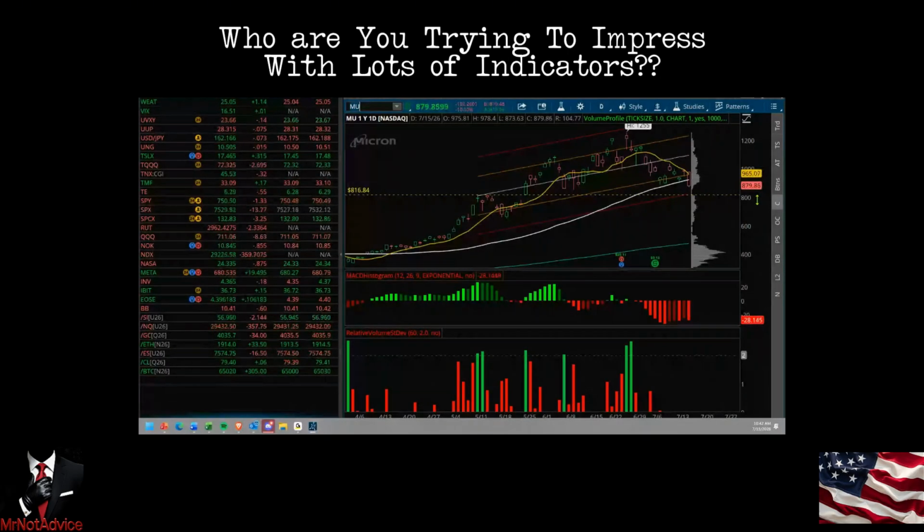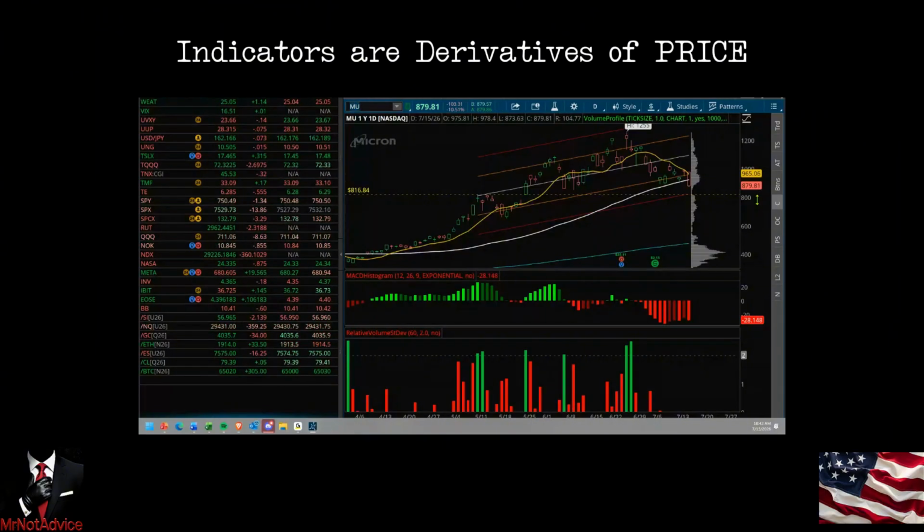You look at the way the data is created, indicators are derivative, period. It's just a derivative. And so use price as your primary trade trigger and your indicators to either add or subtract to the probability of success of the trade, whether they're in your favor or not.